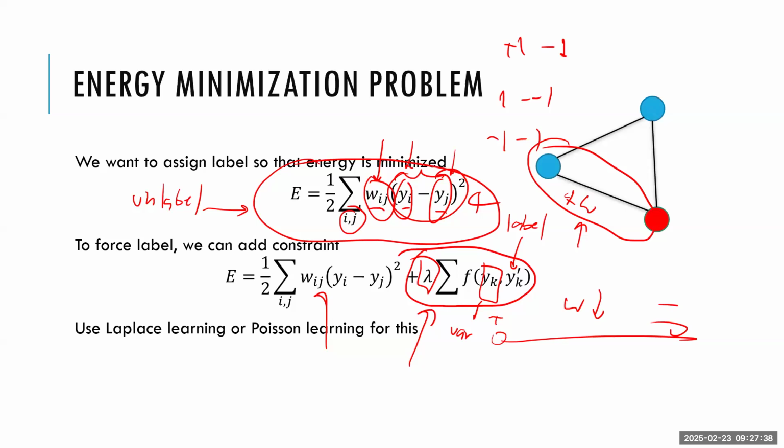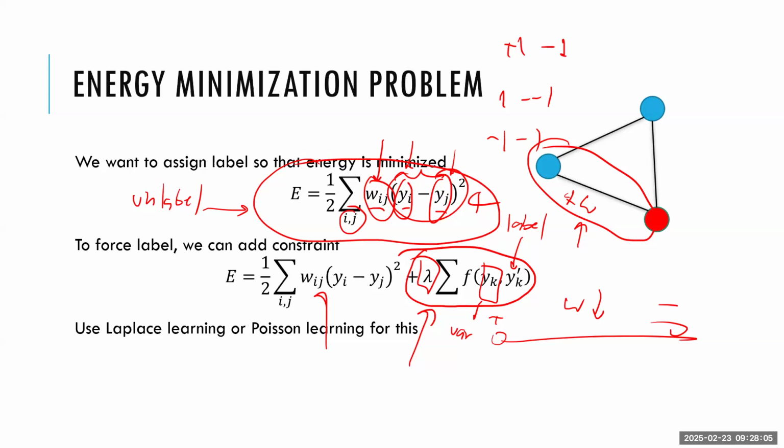So if lambda is maybe like 100 or 1,000, you want the energy minimization to strictly follow the true label. But if lambda is small, maybe the true labels you don't touch 100%. There is room that they can change the label throughout the training process.